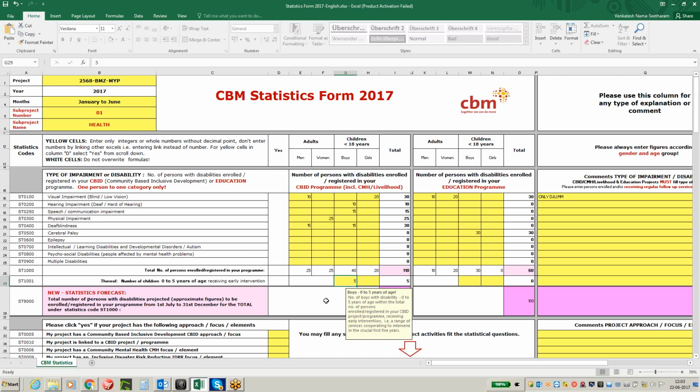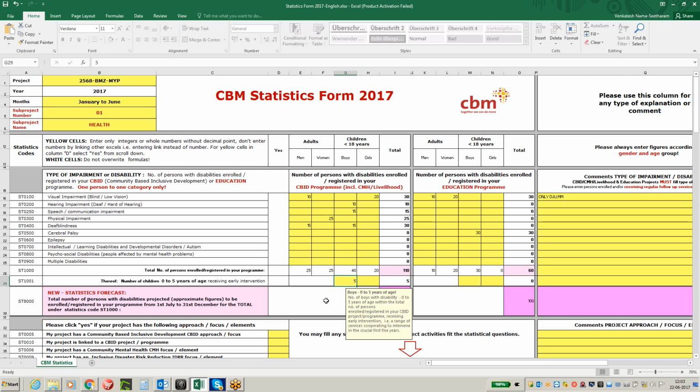You know who is in your program. So you also know the age that your clients have. So it shouldn't be a problem for a project to say, okay, of the group who are children under 18 years, there's also a group of children who have early intervention, and they are between 0 and 5 years old.